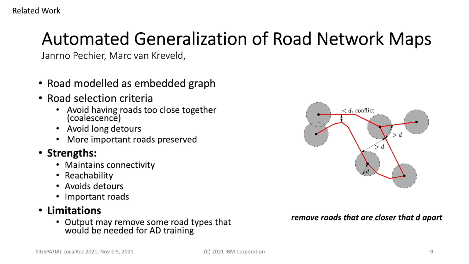So some of the strengths of this research were that it allowed the authors to maintain connectivity. It allowed them to maintain reachability, which means that points could be easily reached by the determined road network. It also avoided detours and maintained the important roads for transport. However, the output may have removed some roads which would be needed for automated driving vehicle testing due to their semantic diversity.